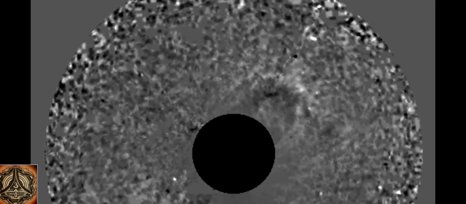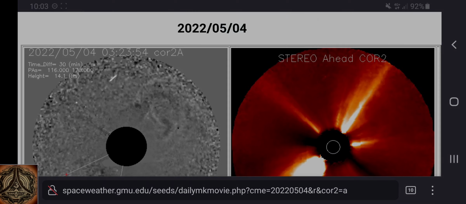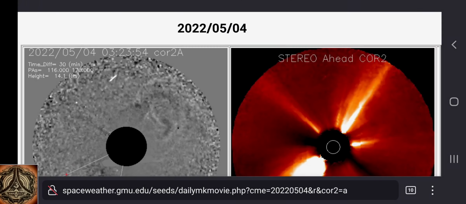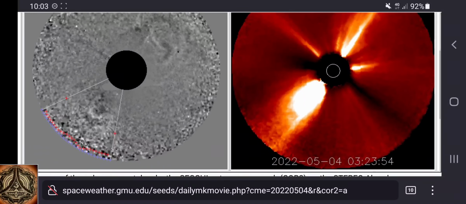This doesn't make sense at all, that there is something stationary besides the sun. So that's the most recent imagery, which is one picture.